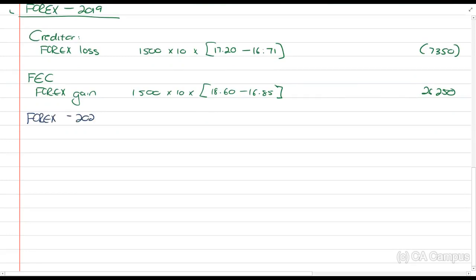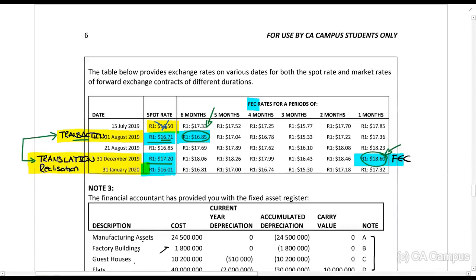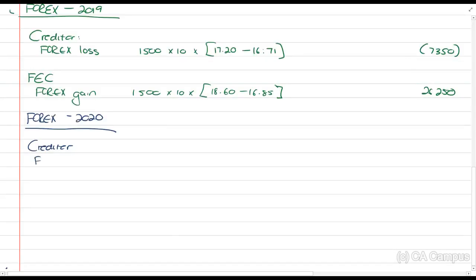Forex for 2020. Let's do the creditor first. So the creditor, this is what we restated at last. Now we're doing it between transaction date and realization date. So the last time we looked at it was 1720, it's now 1601, so we've made a forex gain.